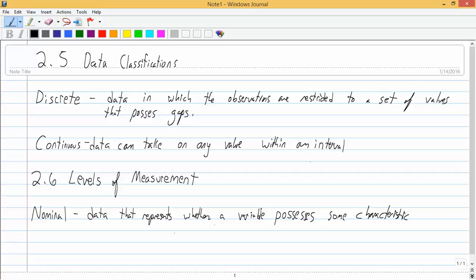Data that represents whether a variable possesses some characteristic, that's called nominal data.